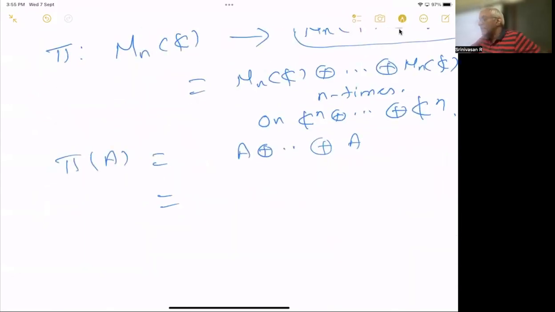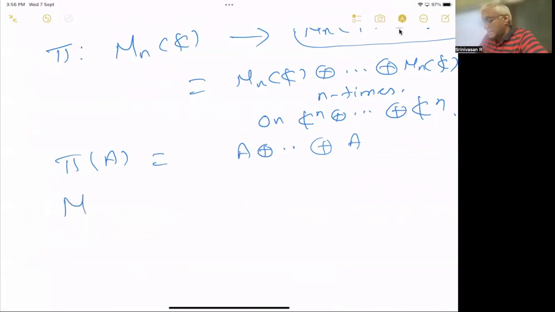What is Cn direct sum Cn direct sum Cn? What is an operator on that? That will be a matrix containing elements of MnC, right?